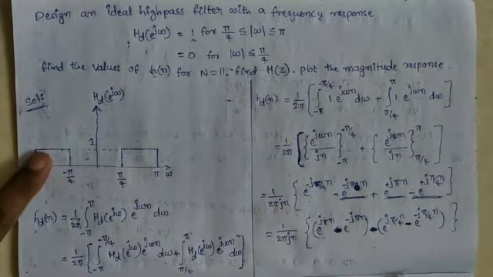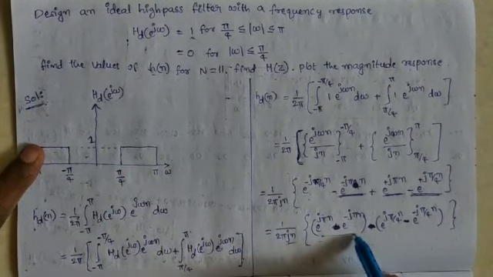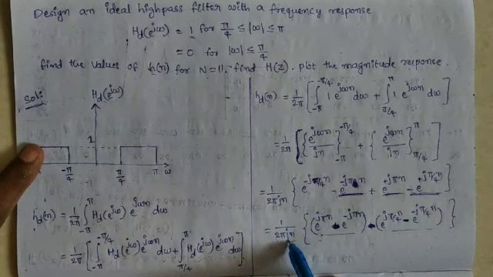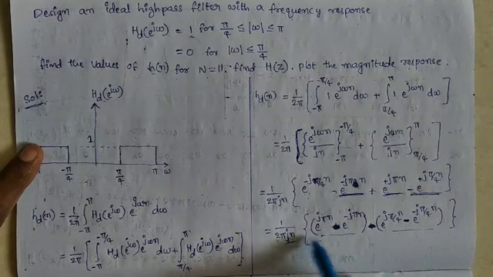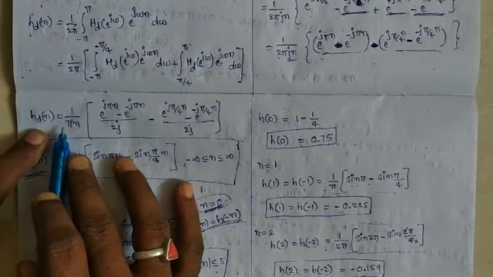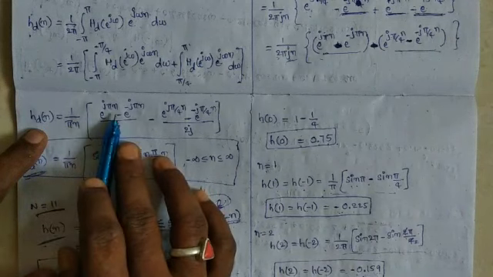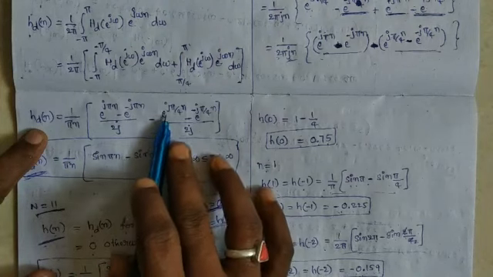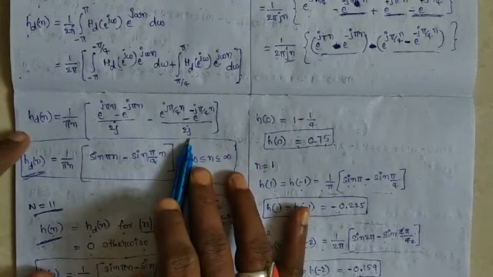Here we are dividing by 2j. So hd of n becomes 1 by pi n of (e power j pi n minus e power minus j pi n) by 2j, minus (e power j pi by 4 n minus e power minus j pi by 4 n) by 2j.